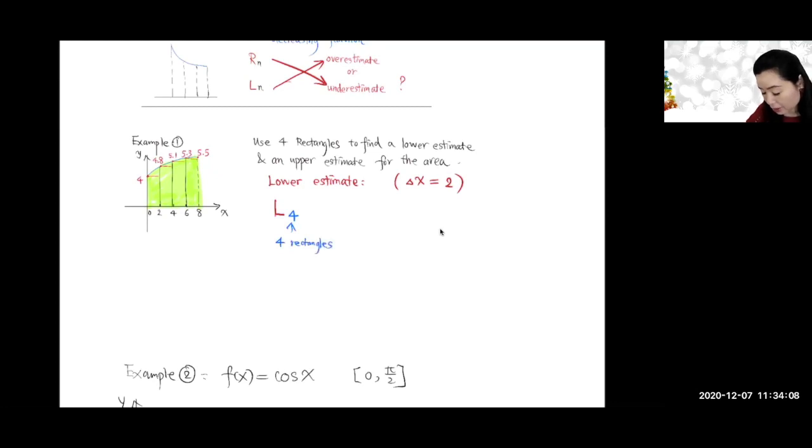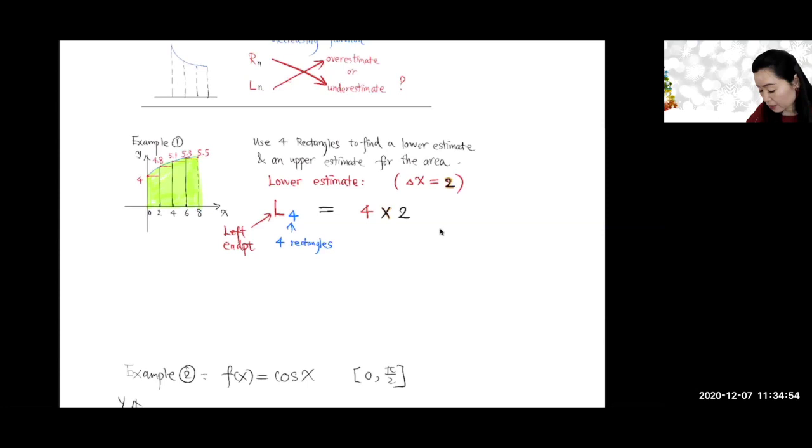L here stands for left endpoint. Now that's equal to, the first rectangle over here, the left endpoint, the y coordinate is 4. So we have 4 times delta x, which is 2.